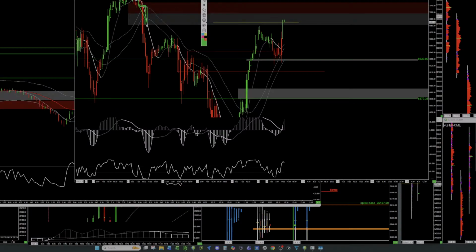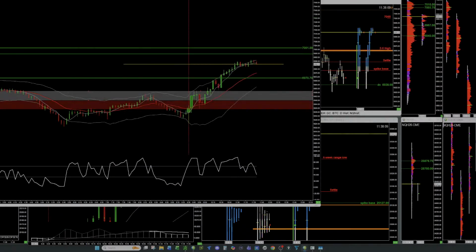Single prints up here. But in the process, look at what it's doing here. We have single prints here, single prints here as well. So this can come back here. I haven't checked the volume, but I think volume must be very low here.